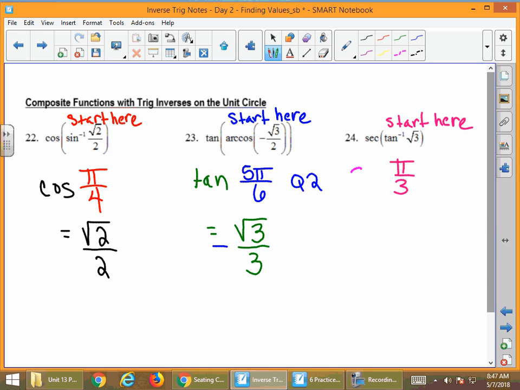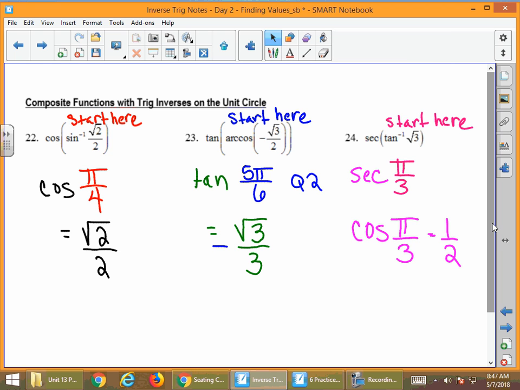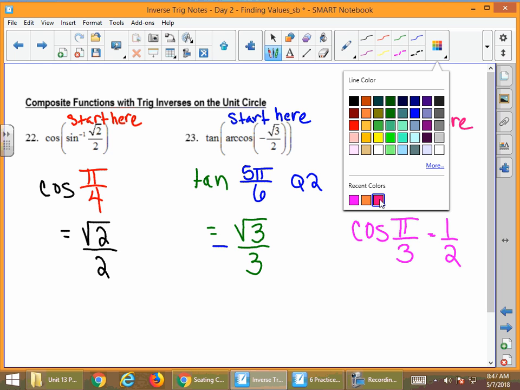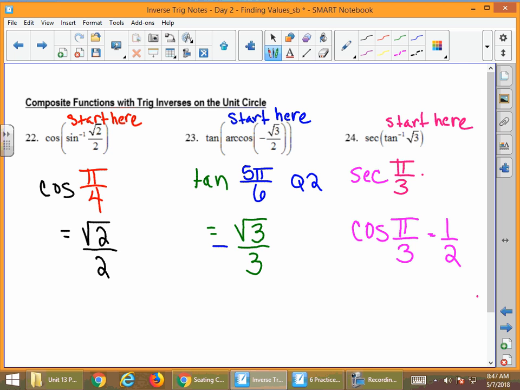I'm ahead of myself, because secant is the reciprocal of cosine. So I do want to look at the cosine of pi over 3, and we know that the cosine of pi over 3 is 1/2. Secant and cosine are reciprocals, so to finish this problem we just want the reciprocal of 1/2, which is 2. I'm going to circle that one so you can see what our answer is.